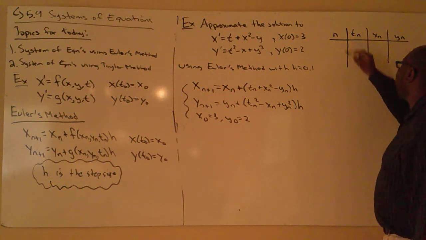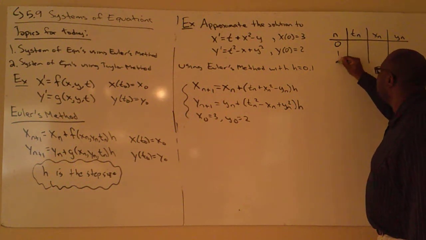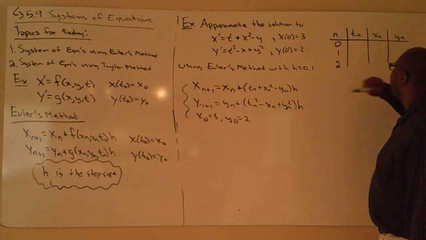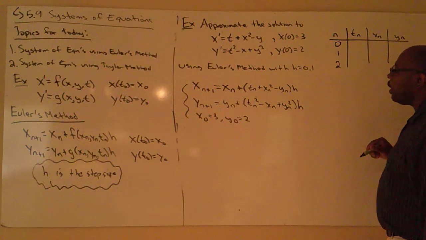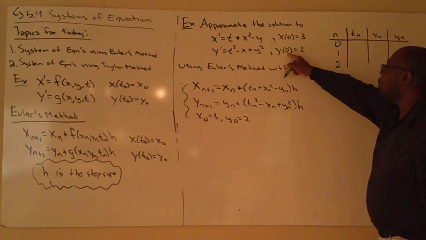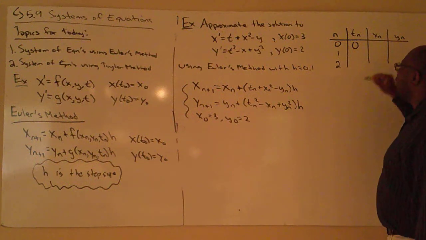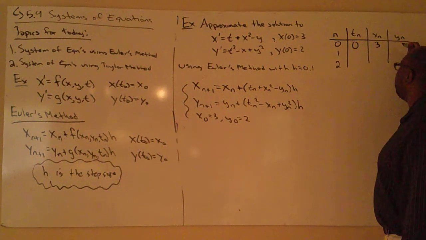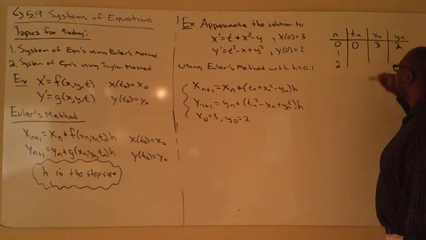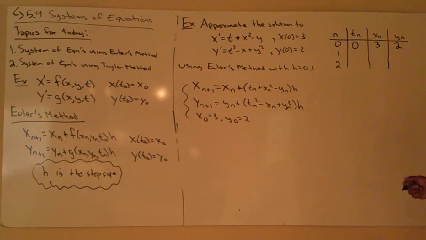At n equal to 0, t sub n is 0, x sub 0 is 3, and y sub 0 is 2.